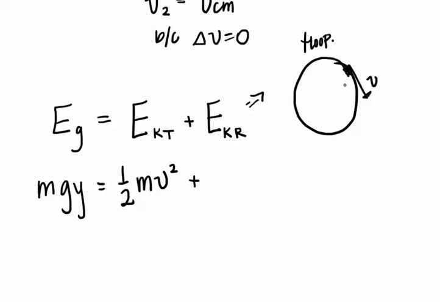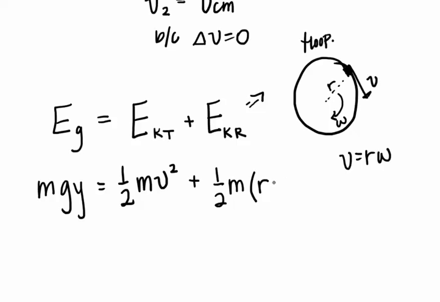Now, its velocity is going to depend on the distance and its angular speed, because V is equal to R omega. So if kinetic energy is 1/2 mv squared, but this is, I don't need the translational velocity, I need the speed that describes it going around and around in a circle.